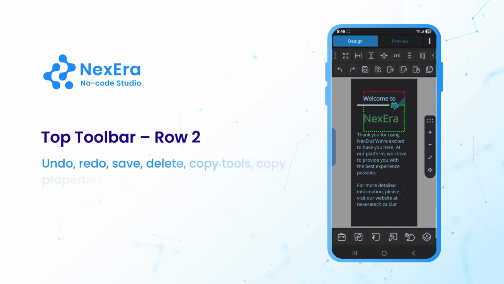In the second row, you have options to undo and redo your recent actions, save or delete your project, copy components, or even copy their properties and apply them to another component. And if you are ever unsure about what any button does, don't worry. All of them are explained in the documentation, and I will share the link to that in the description.